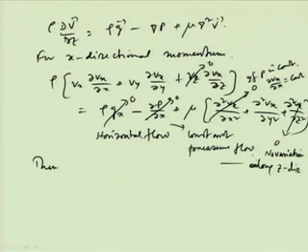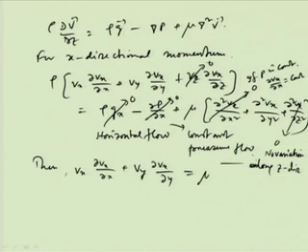Then what we get finally is, exactly the same expression that we have developed: rho into Vx into del Vx by del x plus Vy into del Vx by del y equals mu into del square Vx by del y square.